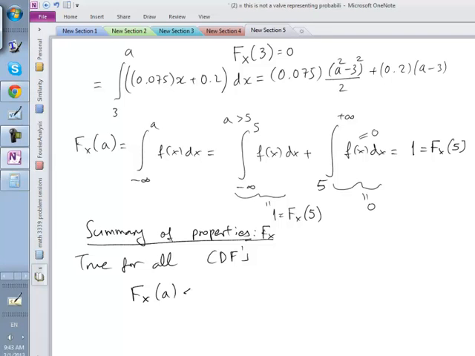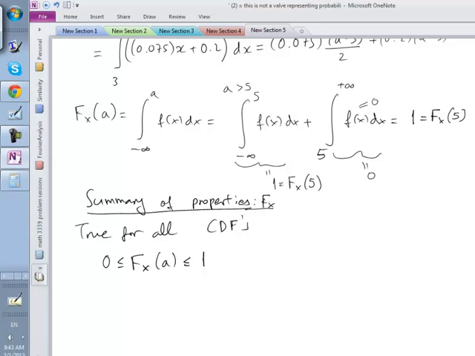All values are between 0 and 1. The limit of the value of the CDF when a goes to negative infinity is 0. The limit of the CDF when a goes to plus infinity is equal to 1.